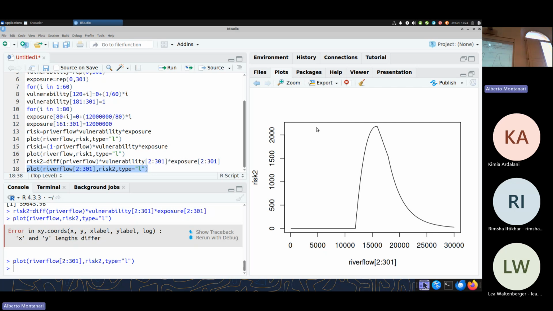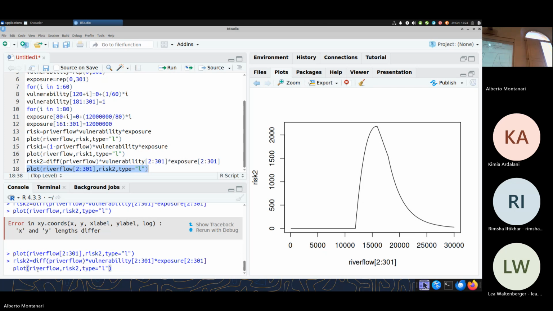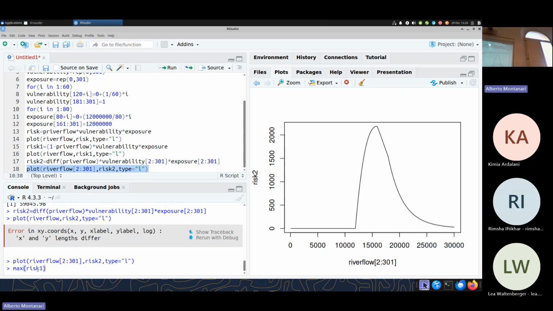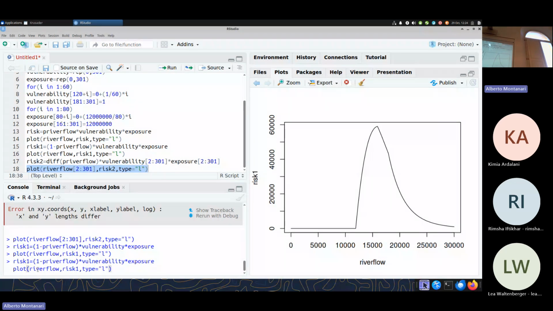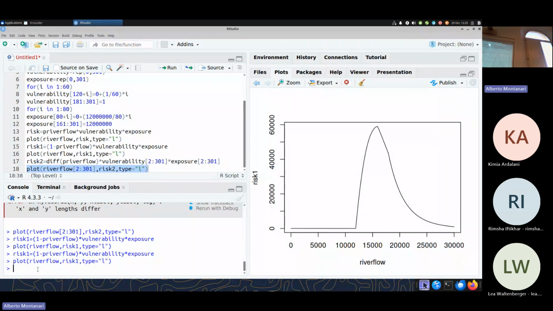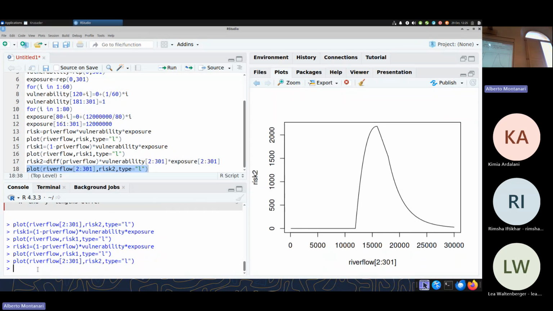You have seen a little bit of a shift on the left because the number of values is different, but the shape of the graph is the same. And let me just recall the previous one. This one. You see that the shape is precisely the same, okay? But the value 2000 against 5000.